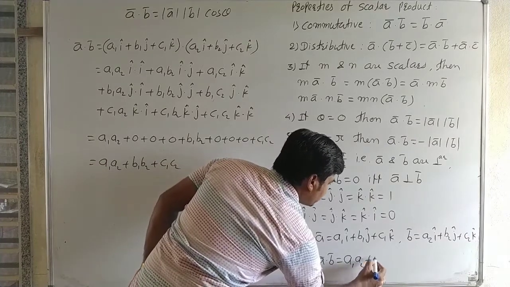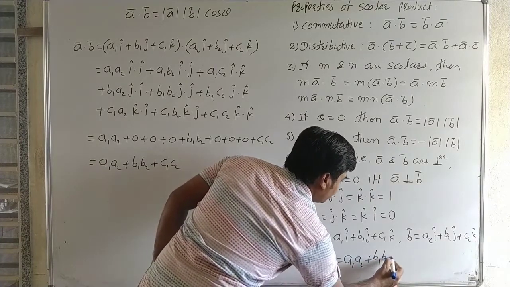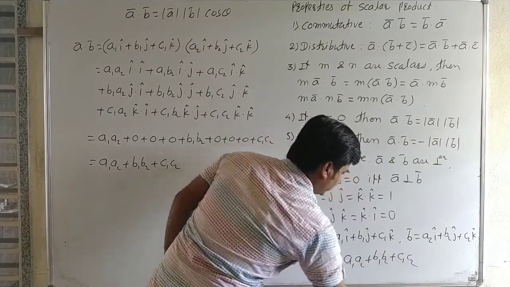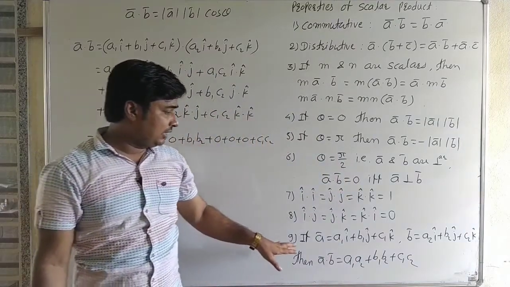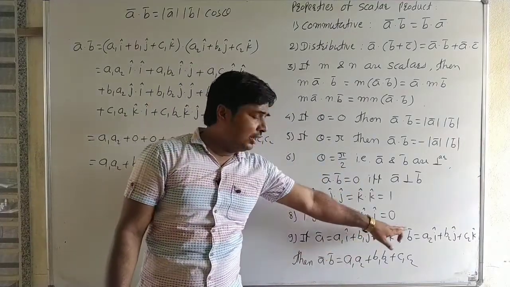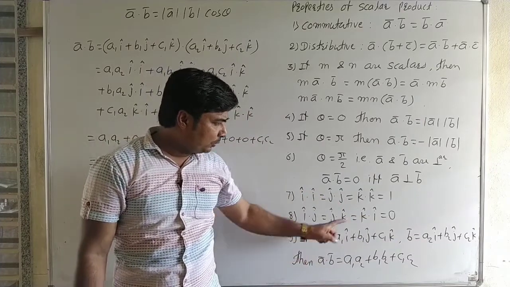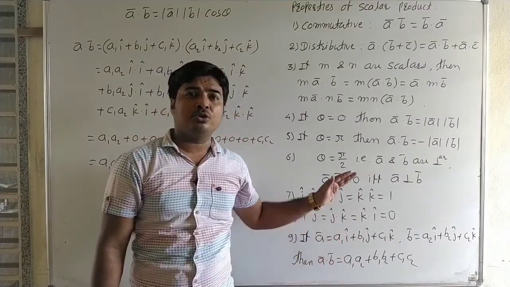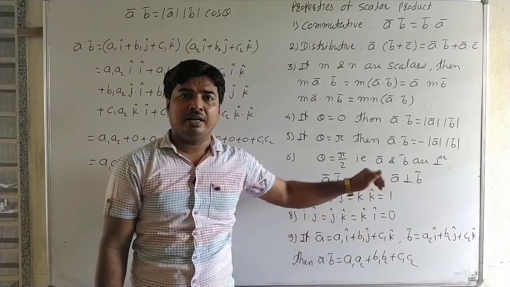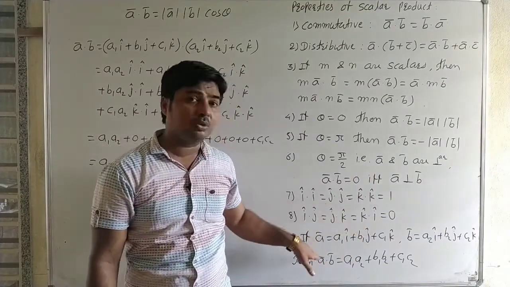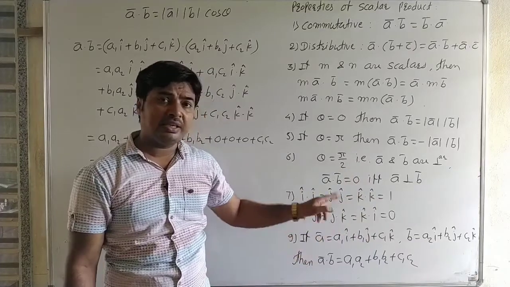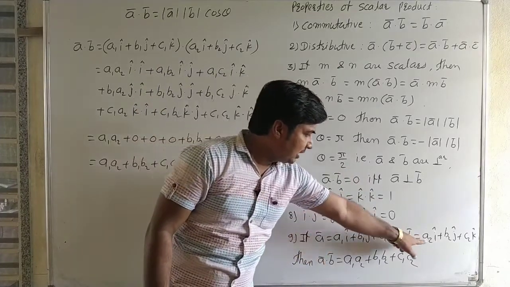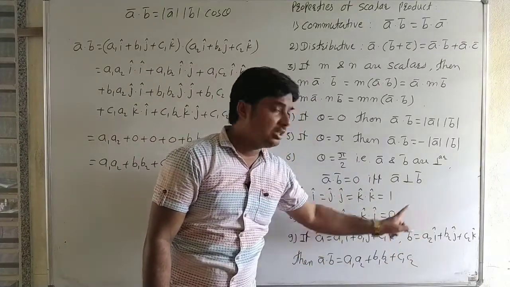Now here we observe that when two vectors are given, the dot product of two vectors is the multiplication of corresponding components of I cap, J cap and K cap. It is A1 A2, B1 B2 and C1 C2.